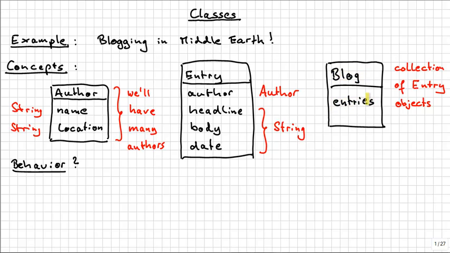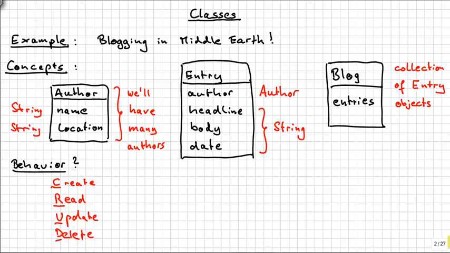Now, what we've described so far is basically the major application concepts and the data structures they encapsulate. And we will be using classes to encapsulate these data structures. And now let's talk about the behavior or the operations we want to perform on these data structures.